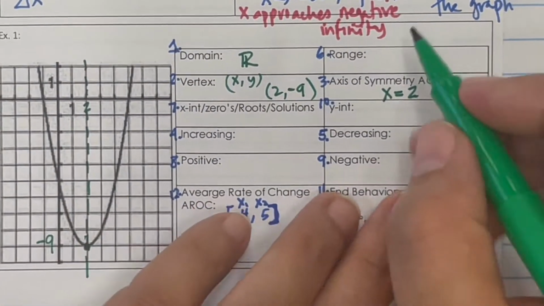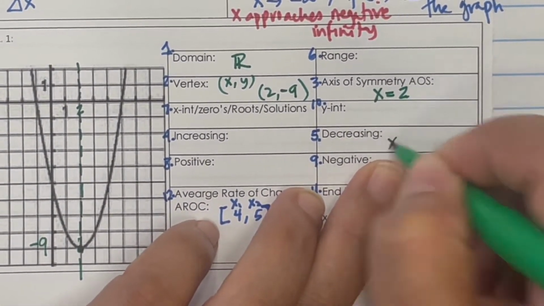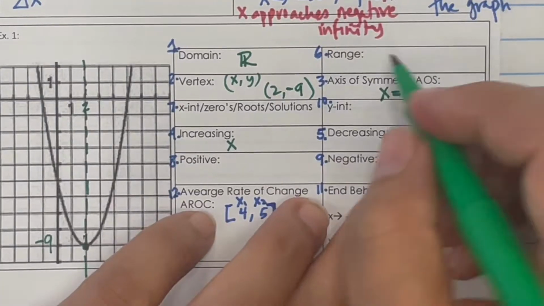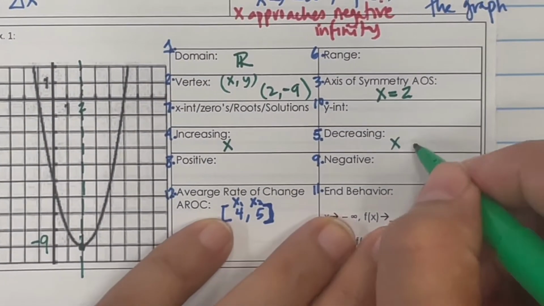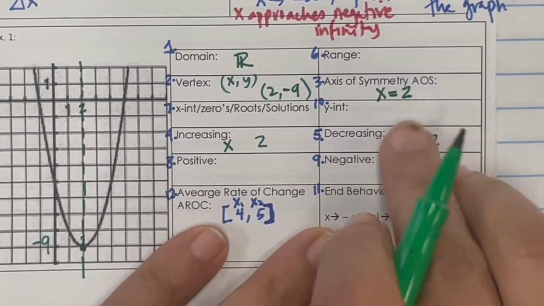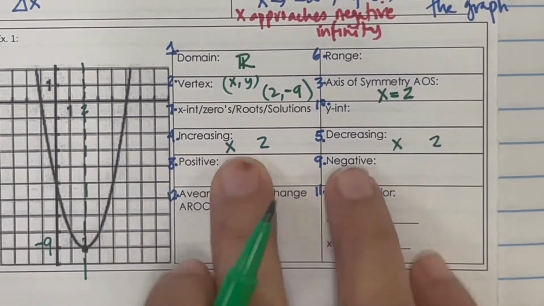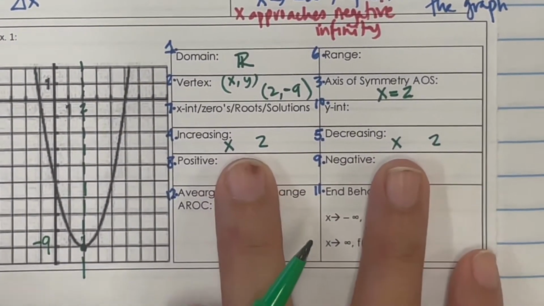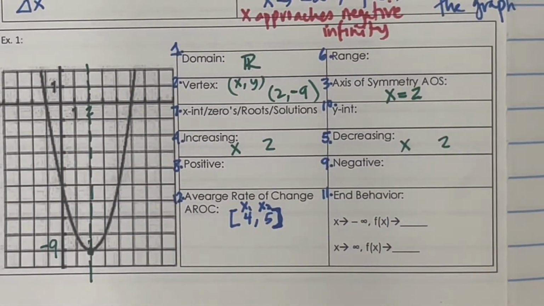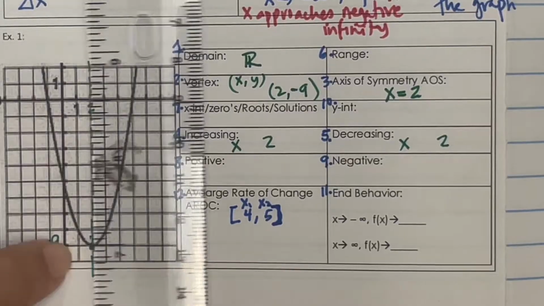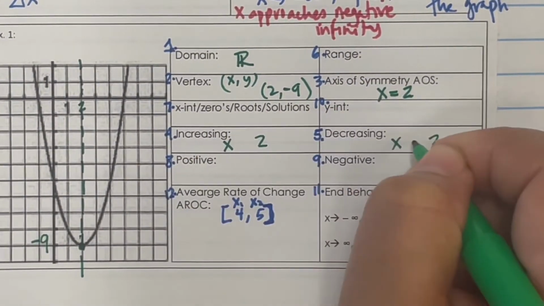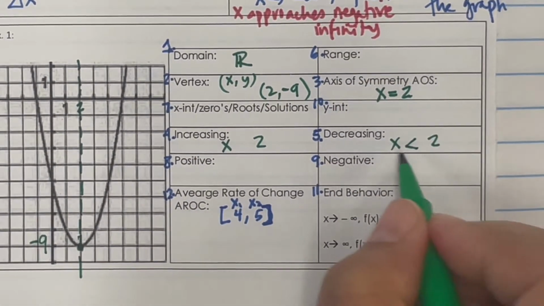So what we'll do is this. You'll write x, and then you take your axis of symmetry, which is 2. But now you're writing whether it's on the left or the right that it's decreasing. On the left-hand side, it's decreasing.